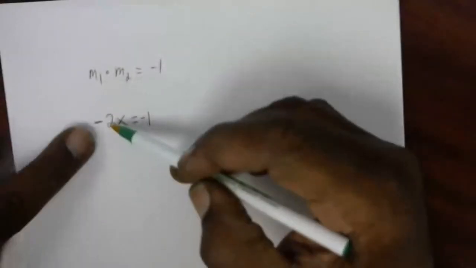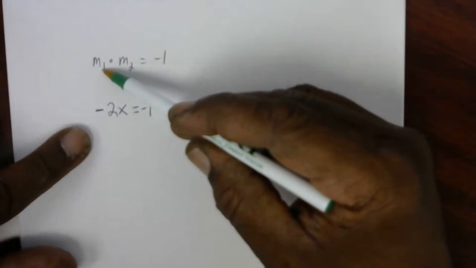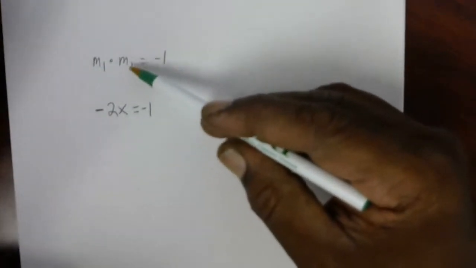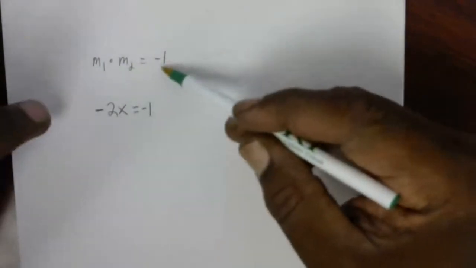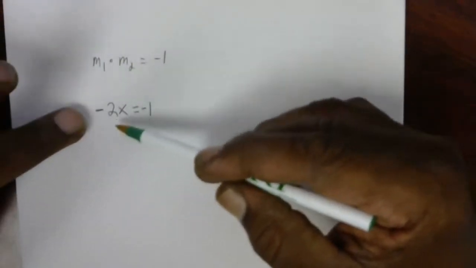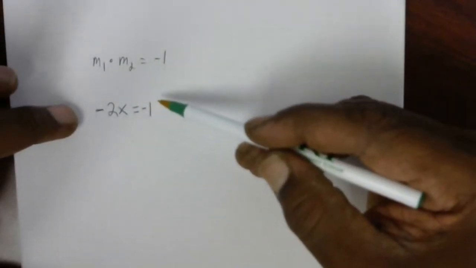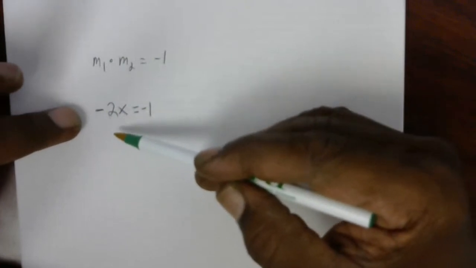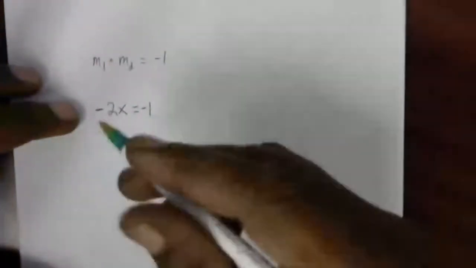Right? So what I mean is -2, that's our slope. We don't know what our negative reciprocal is, or the magic number that will multiply to give us -1, right? So I set it up in an equation, and now I can simply solve it for X. The opposite of multiplying X by -2 is to divide by -2.